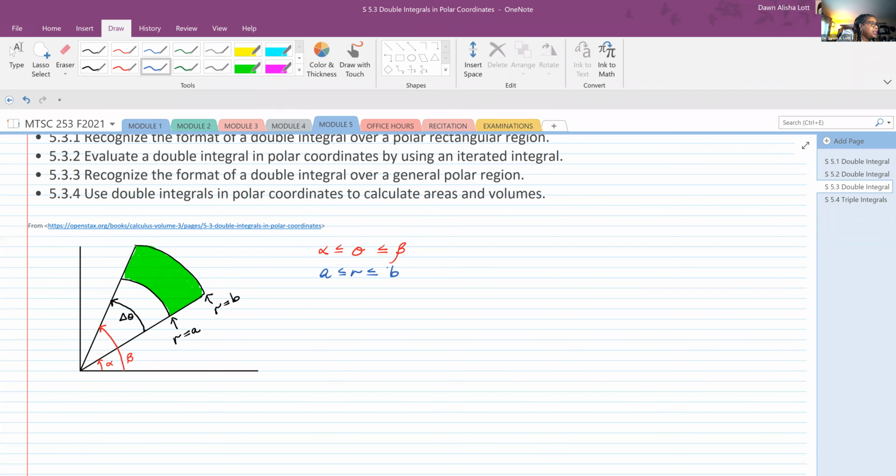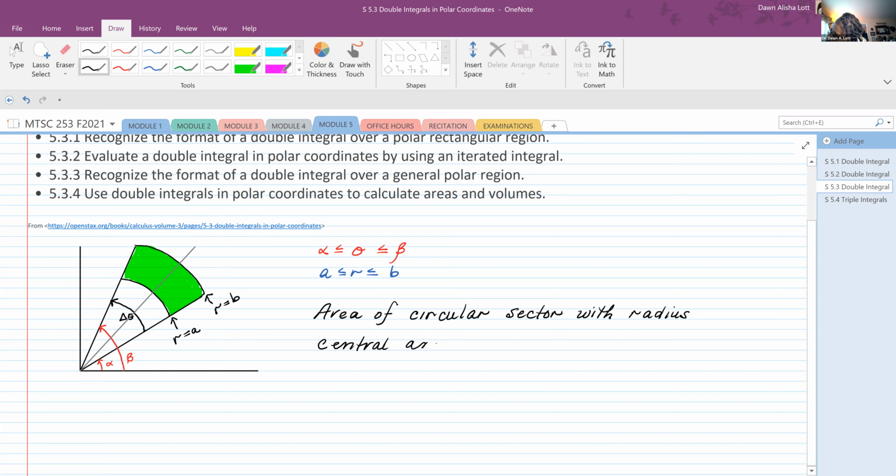So this is the area of a circular sector with radius R. Okay, so the central angle theta, so the central angle between them here, this central angle theta, not alpha, theta, all right?